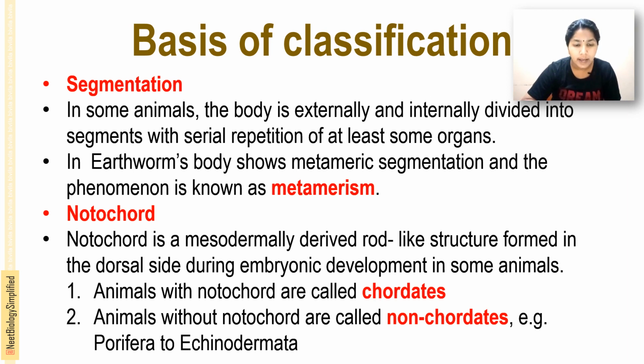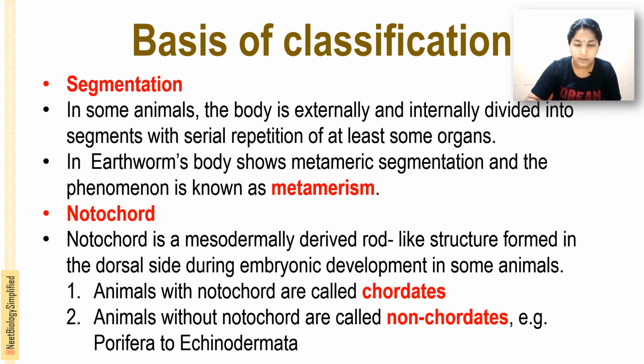So animals with a notochord are the chordates and animals without notochord are called non-chordates. And what is a notochord? It is a mesodermally derived rod-like structure formed on the dorsal side during embryonic development in some animals.